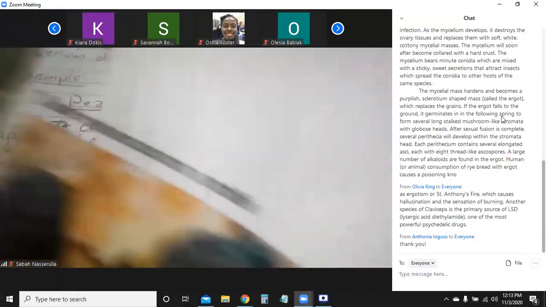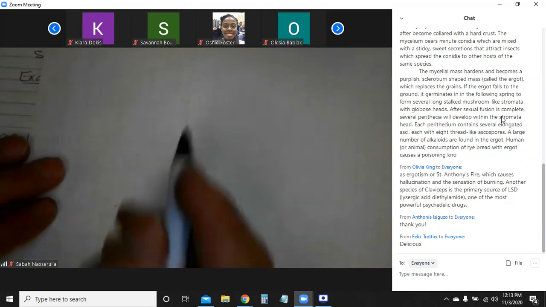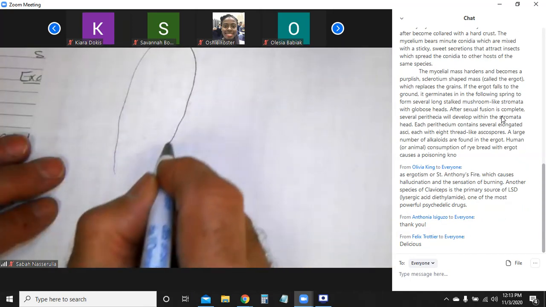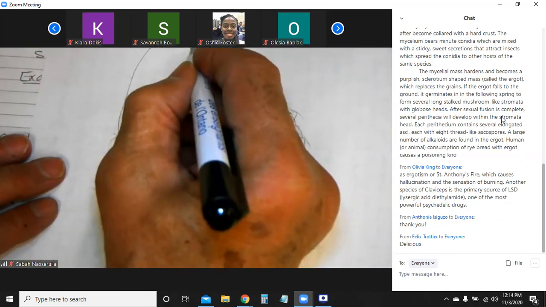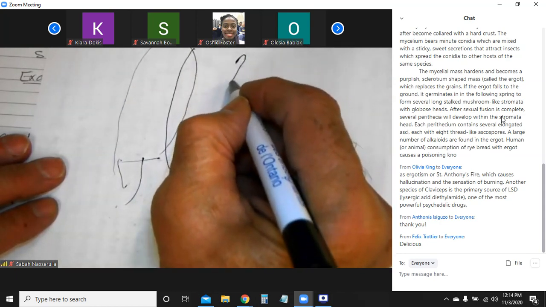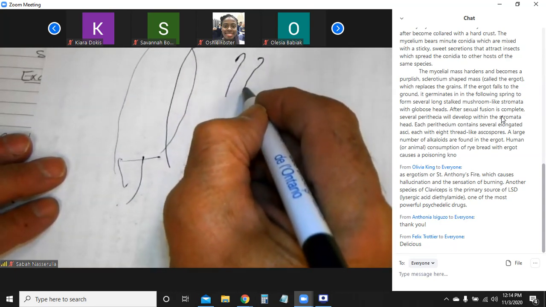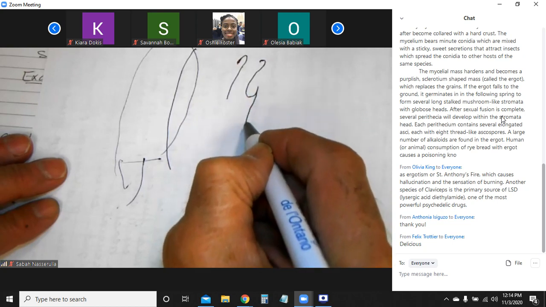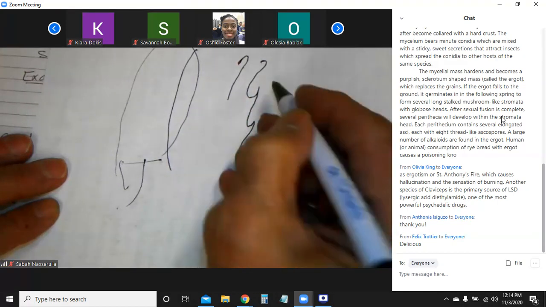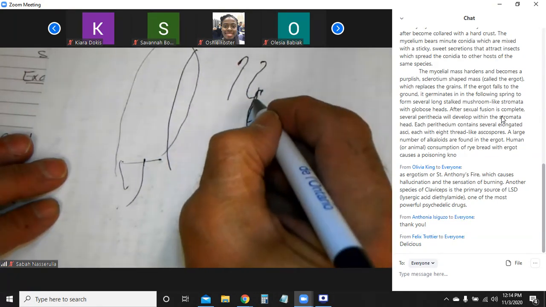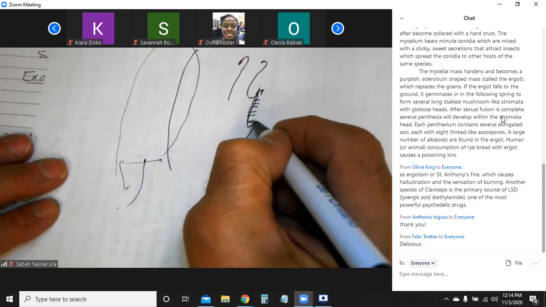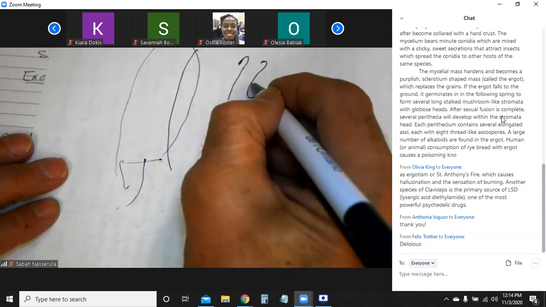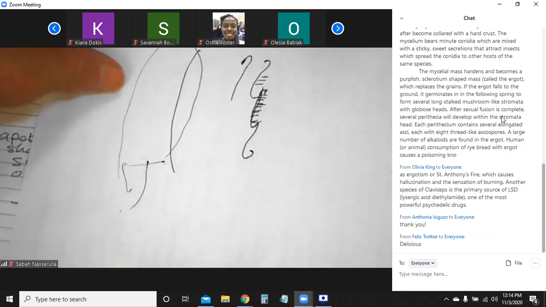This is a very rough drawing like this. Inside it you can see all the asci, and inside them the ascospores in each of these groups.